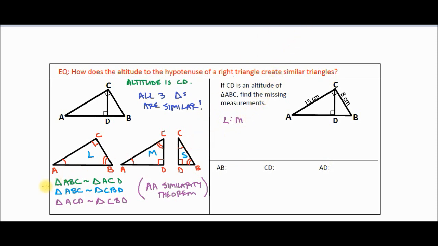So here we go. Let's go look at our large letters. Our green is our large. The first triangle here, ABC, is our large. And our medium triangle was ACD. So let's look at our first line right here.